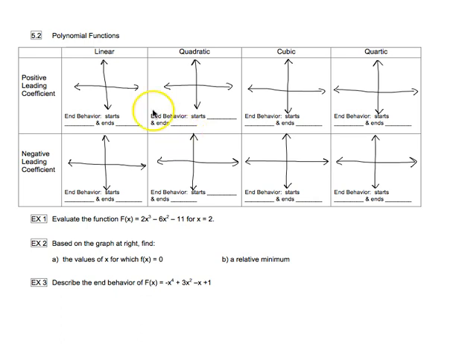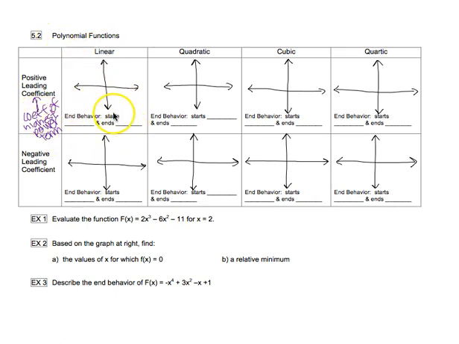Remember that the leading coefficient is the coefficient of the highest exponent term. The term with the highest power, its coefficient is the leading coefficient. If it's in standard form, it'll be the first one, which is why it's called leading. But you do need to be careful because they don't always have them in standard form.